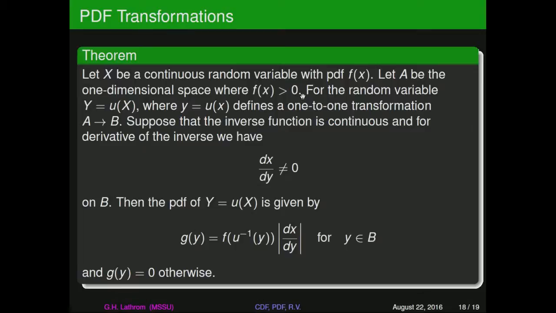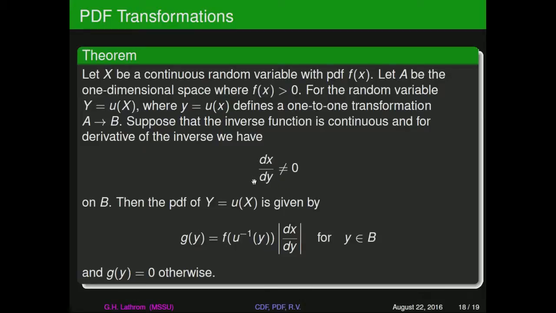Then for our new random variable Y, for this particular transformation, U is going to define a one-to-one transformation on this set from A into the set B. So B is just going to be the image under U of A. And we're going to suppose that this inverse function is continuous, and that the derivative of the inverse is non-zero.